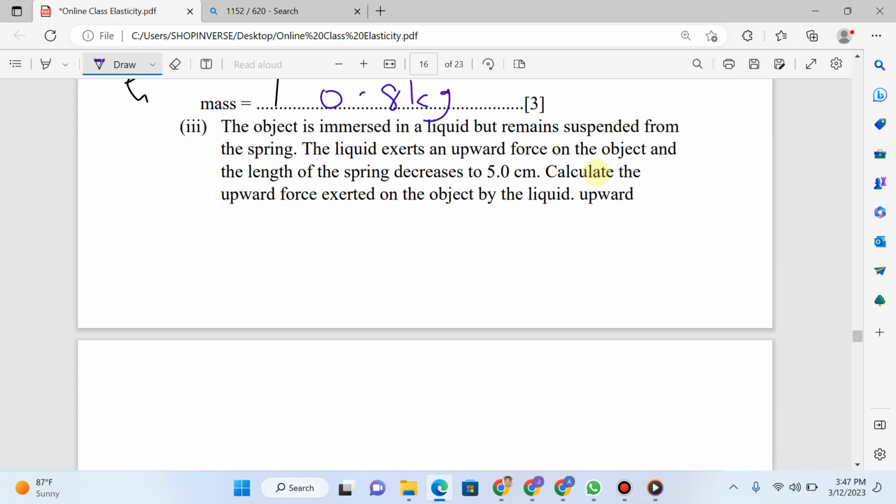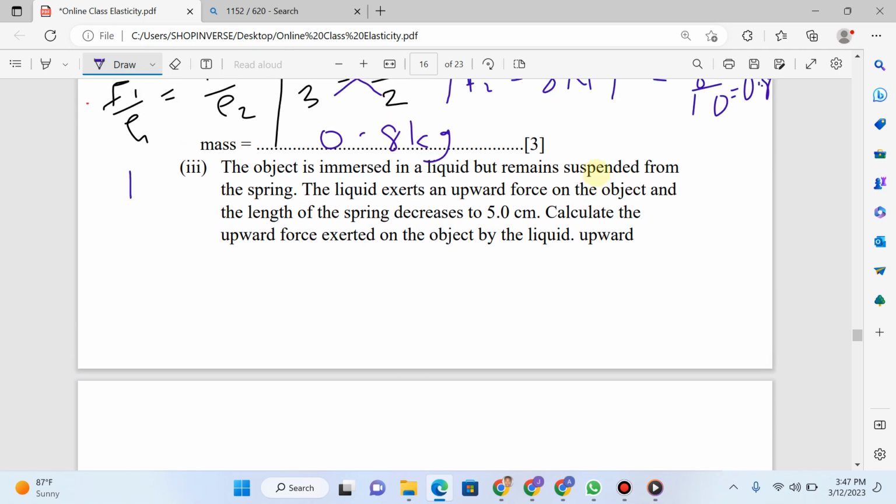How do you get this upward force? Initially we had a spring with an object attached, and the length of the spring increased from 4 cm to 6 cm. We said the weight of that object is 8 Newton.